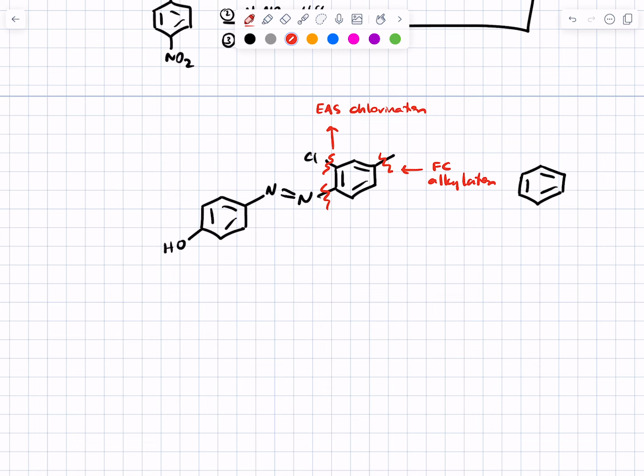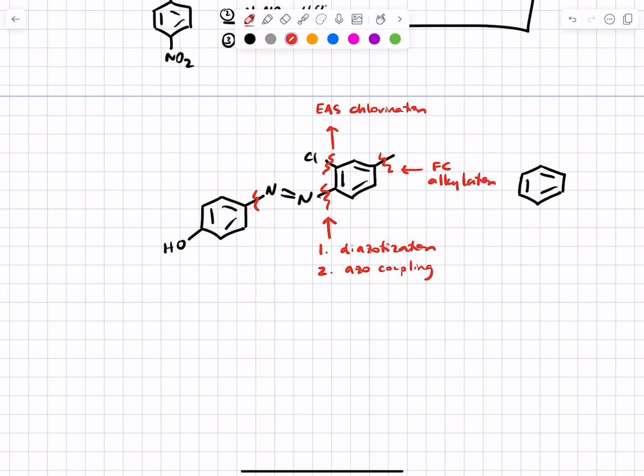That bond I can make in a couple of different ways. I could use this sort of diazotization strategy, or alternatively, I could use the azo coupling strategy. In other words, this bond could have been installed when I put the diazonium salt, and then this is the nucleophile I couple on, or this bond could have been installed as this molecule attacking a diazonium salt as a nucleophile.